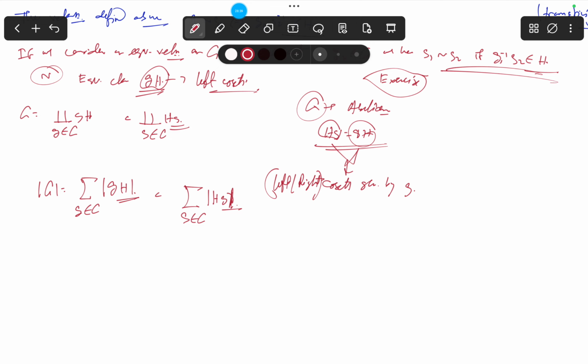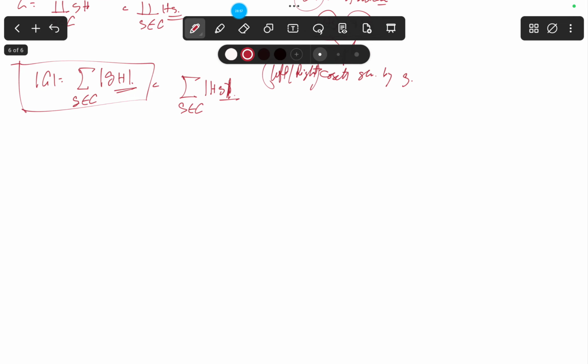Now, this is the general structure. Now if you consider that your G is finite, that means you have H is also finite.